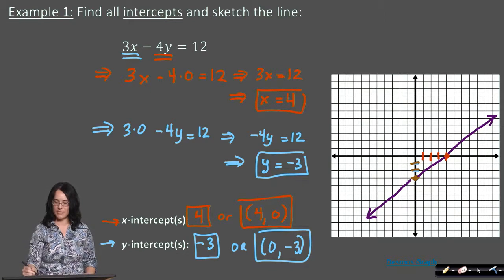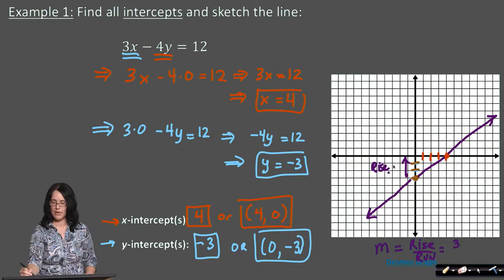In fact, could you tell me the slope if you're really paying attention? It's the rise over the run. So to get from this brown point, which was 0, negative 3, to this red point, which was 4, 0, how much did you rise? Yeah, you rose 3 units. So you went up 3 units. Rise was 3.